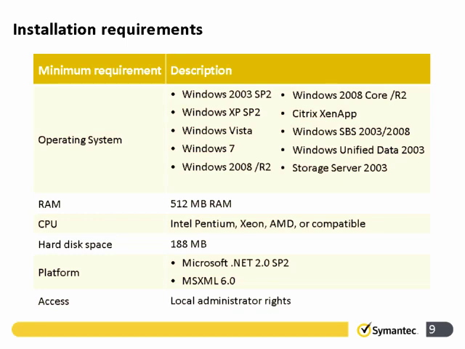So if you're running Server 2008, you need at least 2 gigs of memory for Server 2008, plus 512 for the agent. CPU, anything that you see on the list here, the agent has a very small footprint as far as how much space it occupies on the local machine. It does use .NET 2.0 and MS XML 6.0, and you must have local administrator rights in order to install the agent.